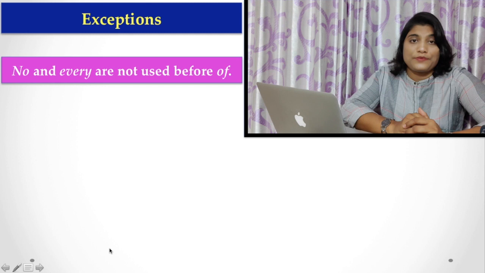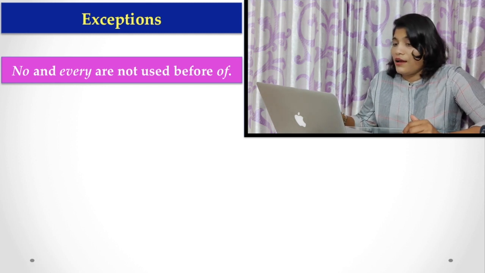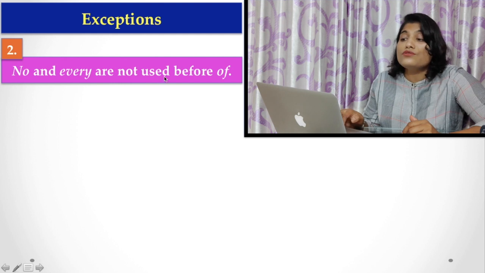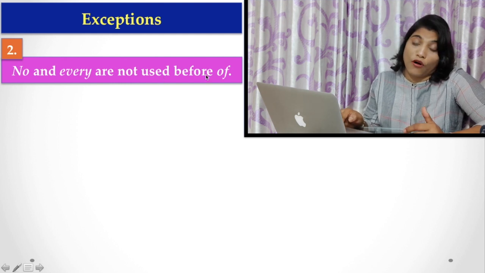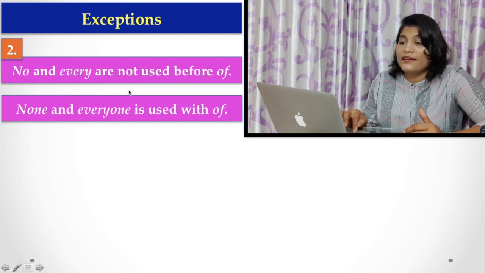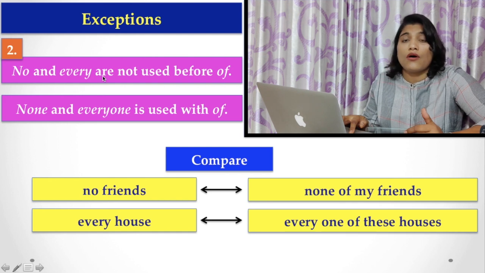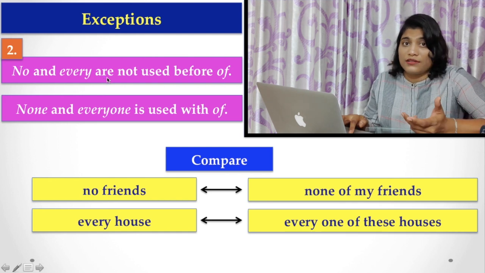There are more exceptions here. You have to know that "no" and "every" are not used before "of", and "none" and "everyone" are used with "of". This is very vital and important. When you are talking about "no" and "every", you need not use "of" before the noun.